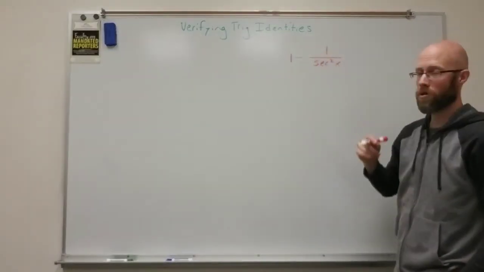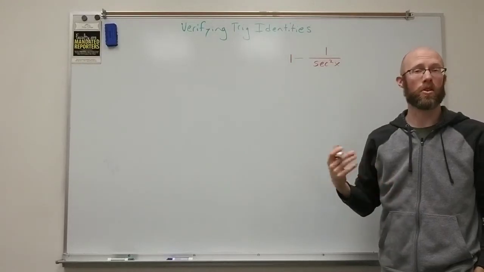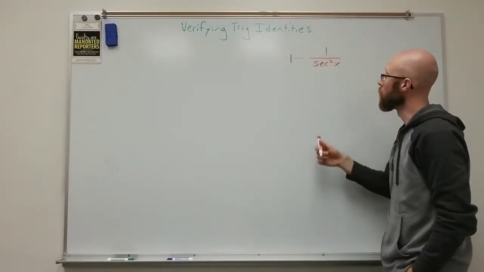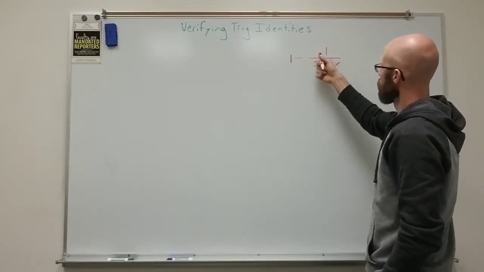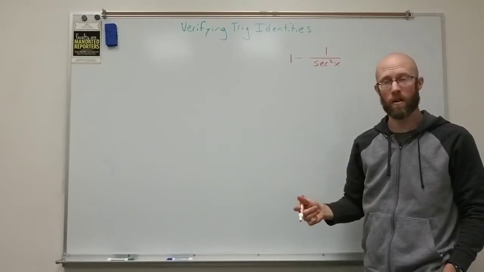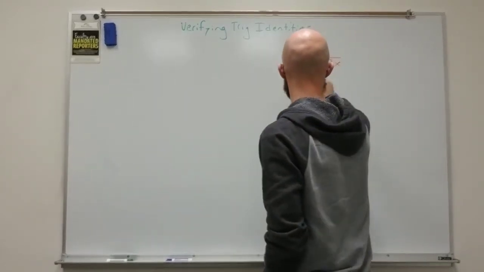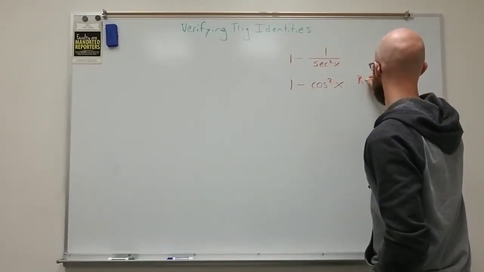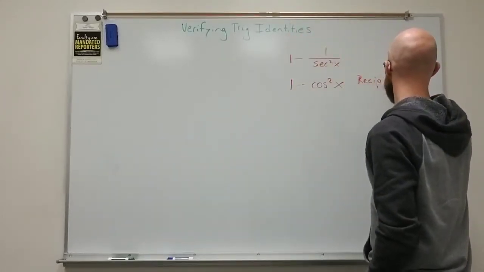Here, I know the 1 over the secant is equal to the cosine, right? Cosine is a reciprocal of the secant and so forth. So 1 over the secant squared must be equivalent to the cosine squared. So I have 1 minus the cosine squared of x, and that's using a reciprocal identity.